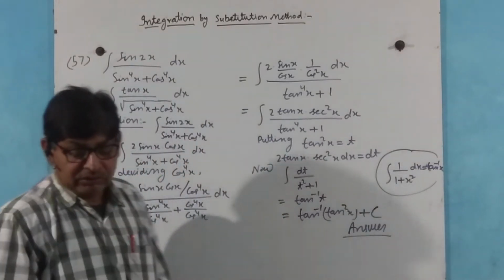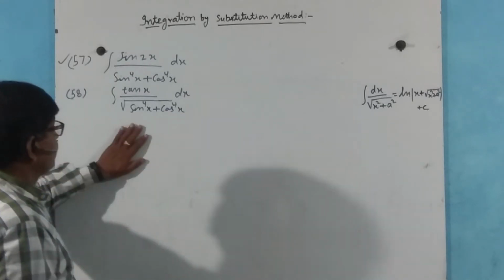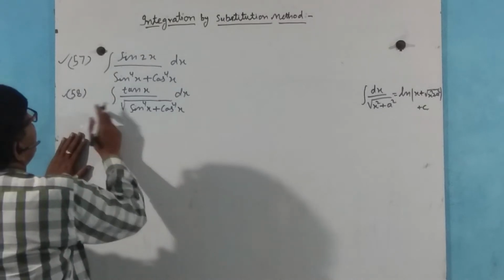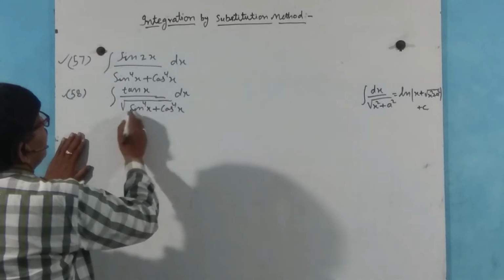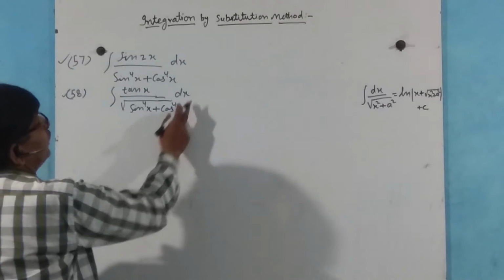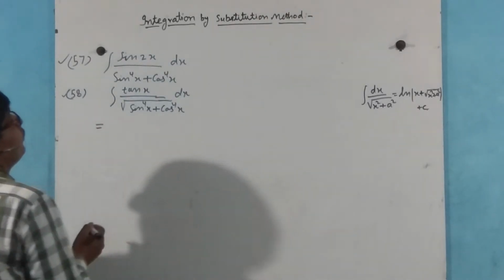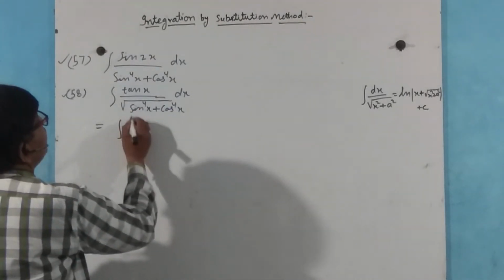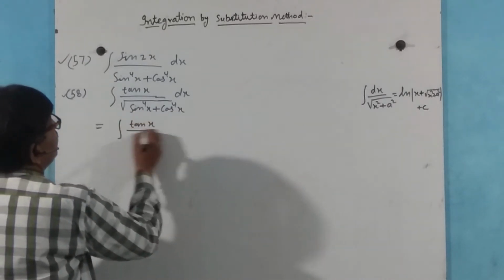Now we take the next example, question number 58: integration of tan x divided by under root sin to the power 4 x plus cos to the power 4 x dx.